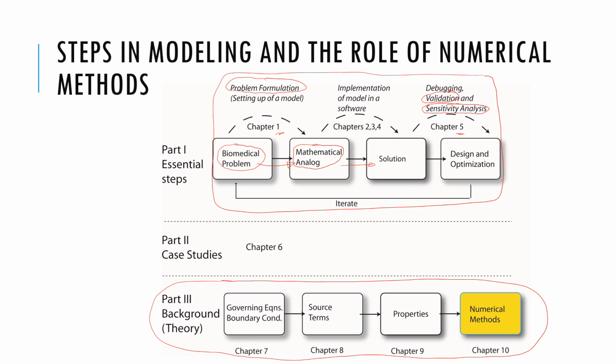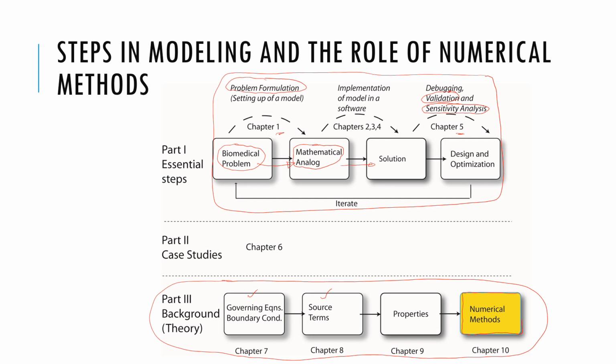We talked about the governing equations and boundary conditions. Then we talked about source terms for heat transfer. The source terms come from different physics like microwave heating or laser heating. For mass transfer, the source term can come from kinetics of a reaction. And then finally, we get to the numerical methods.